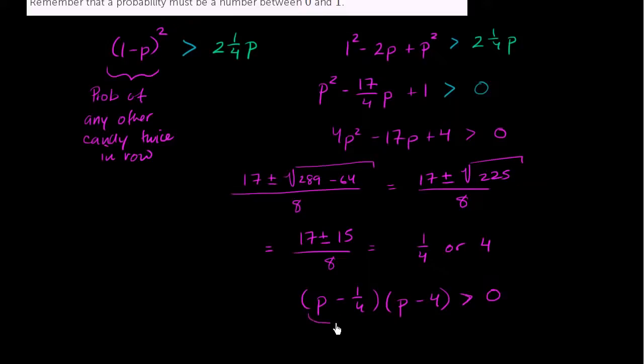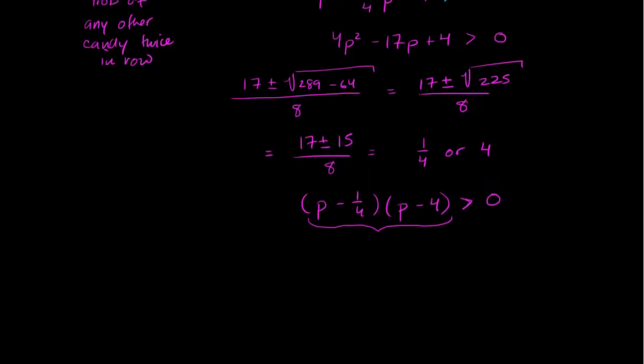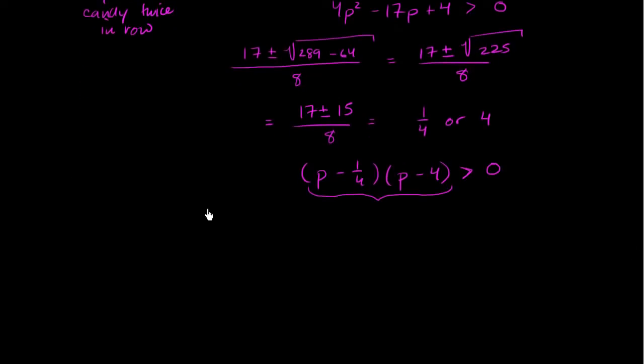Well, if you're taking the product of two terms and they are going to be greater than 0, that means that these two things have to be the same sign. Or actually, in particular, they both have to be positive or they both have to be negative. So let's look at those two situations. So I'll switch colors here just for fun. So both positive or both negative.